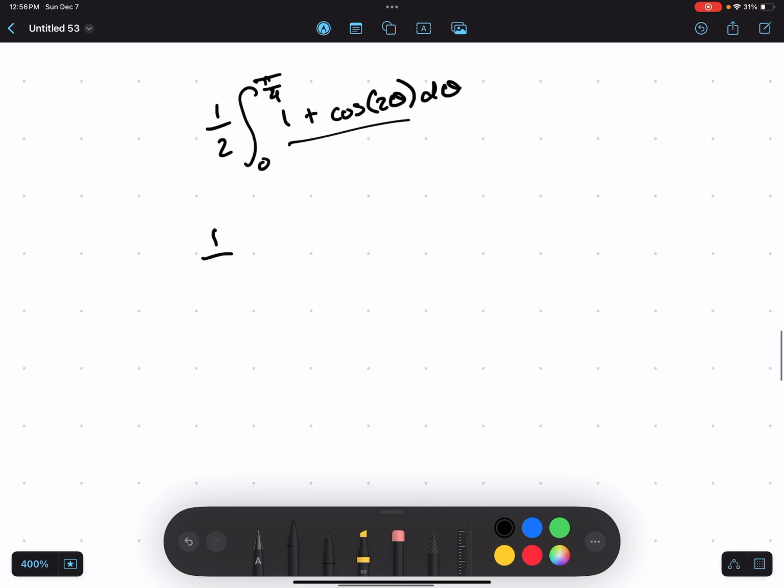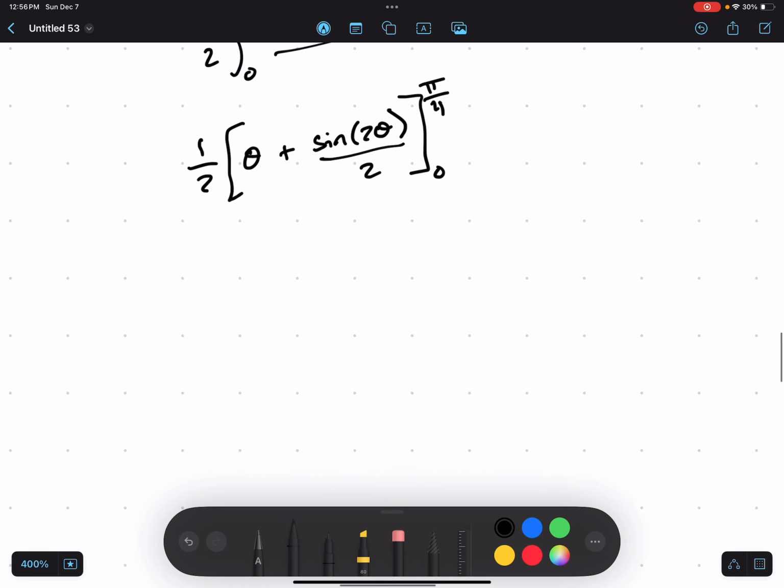So we can just say 1 over 2 times the integral of 1 with respect to theta is theta plus sine 2 theta over 2 from the bounds of 0 to pi over 4. And now we're ready to go ahead and solve this. Because this is a definite integral and it has existing bounds from pi over 4 and 0, we don't need to use a triangle here.